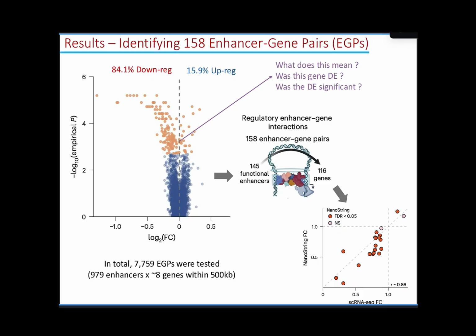Right? So from the 979 that they started with, they ended up with 145 that seemed to be doing something, to 116 genes. And enhancers and genes were paired up in 158 EGPs.